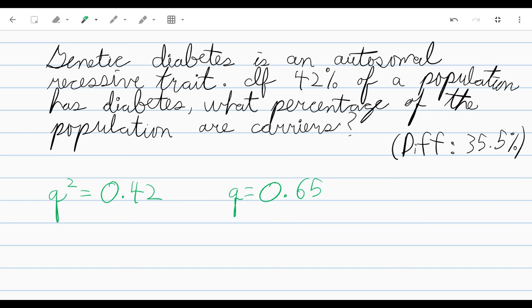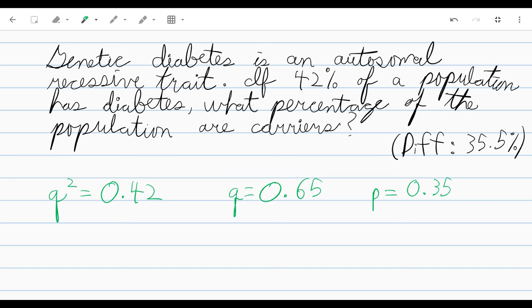Once we know what q is, we can also solve for p. It's just going to be 1 minus our q value, and that will give us about 35 hundredths. So about 35% of the alleles in this population are the wild type dominant.